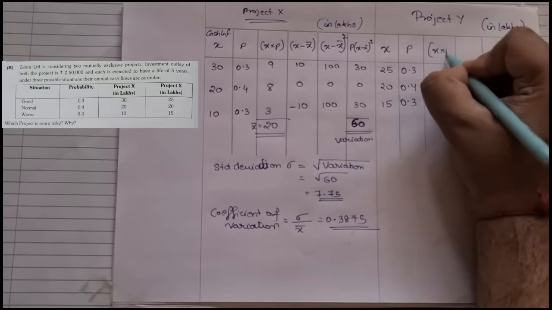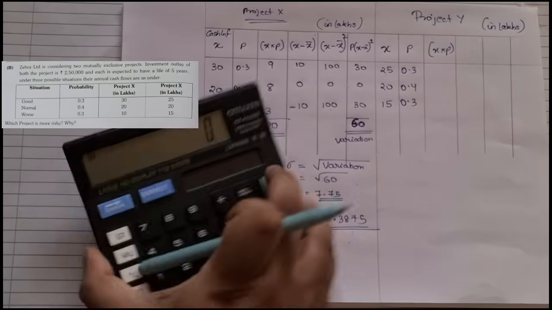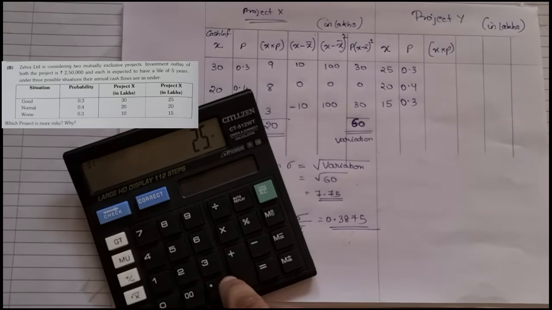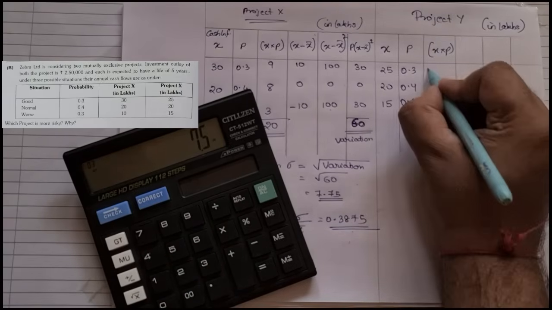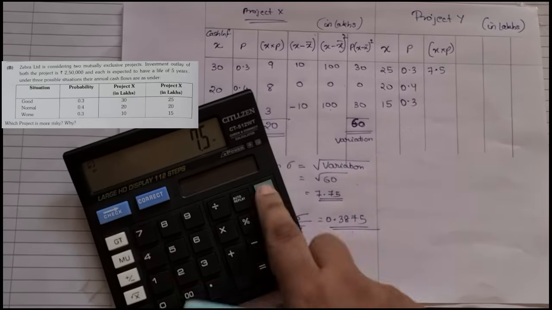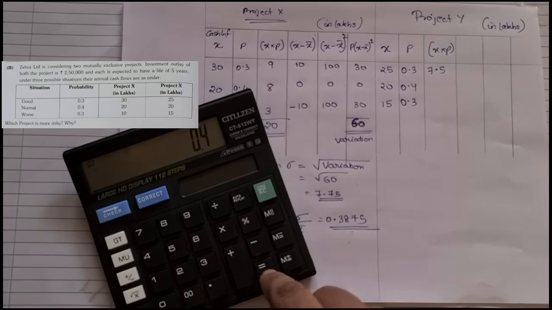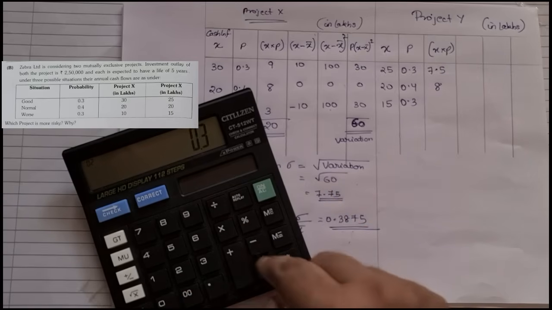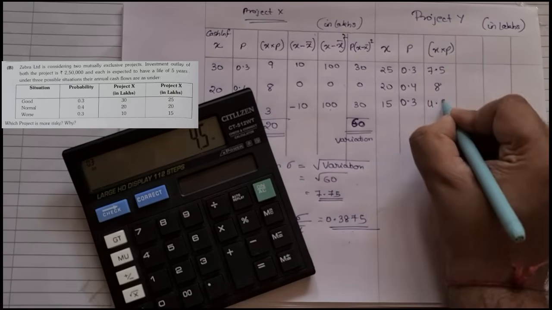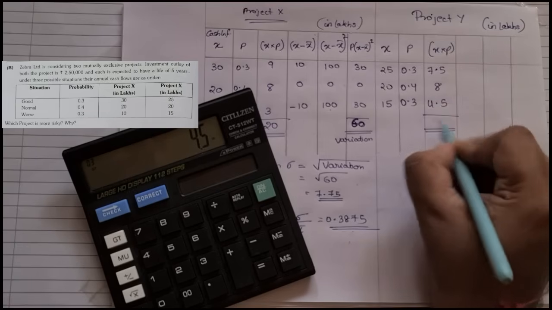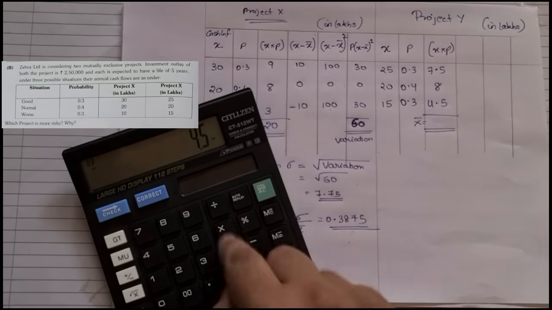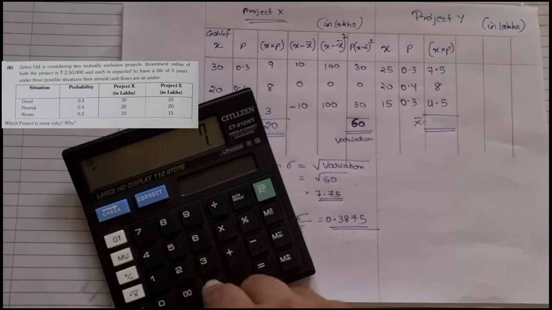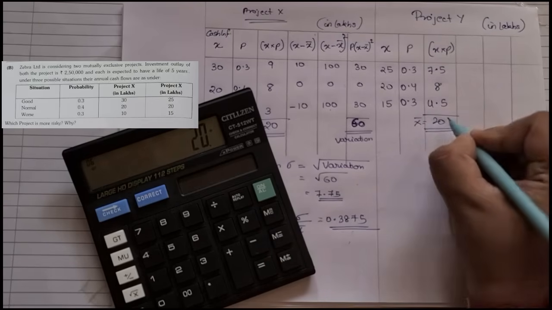Next is X into P. So 25 into 0.3 comes to 7.5. 20 into 0.4 comes to 8. And 15 into 0.3 comes to 4.5. You add up. So I get 4.5 plus 8 plus 7.5, which comes to again 20.